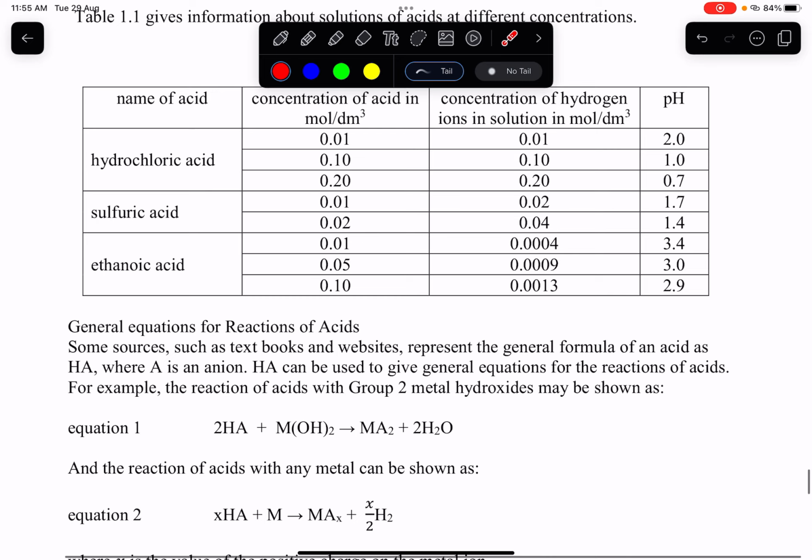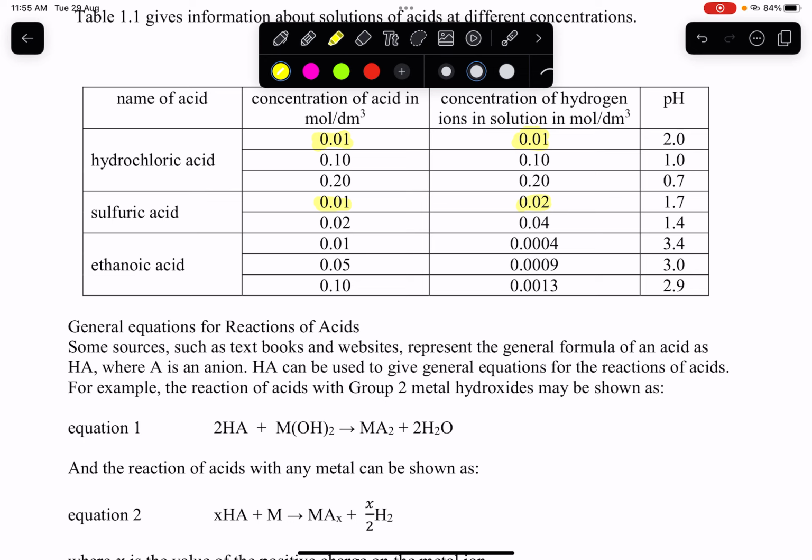For example, hydrochloric acid at 0.01 mole per dm cube will give me pH 2, but sulfuric acid at 0.01 mole per dm cube will give me pH 1.7. Why is that the case? Even though the concentration is the same, it's because the hydrogen ion concentration is different despite the initial concentration of the acid being the same.